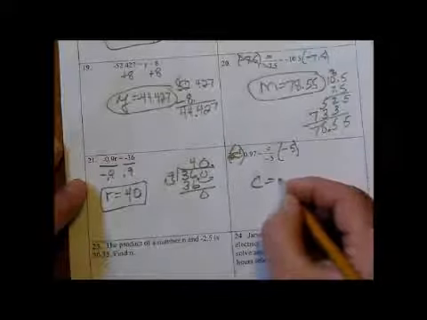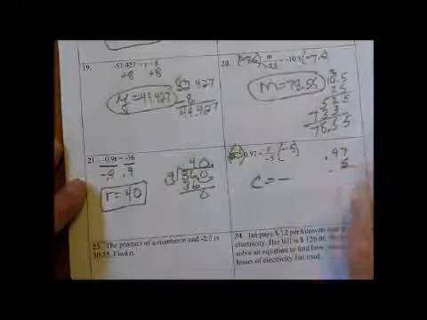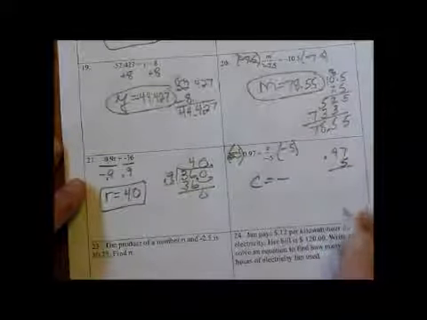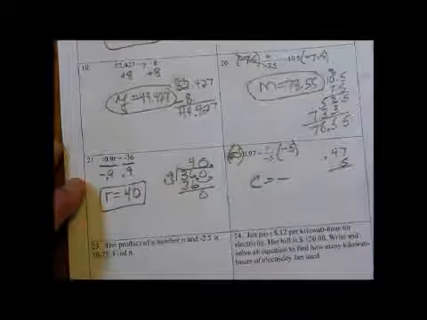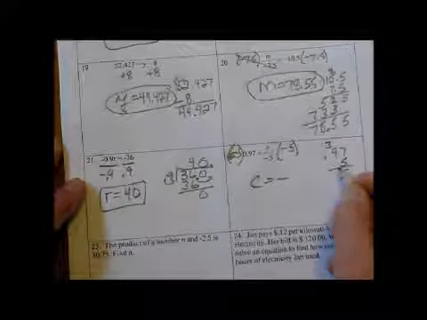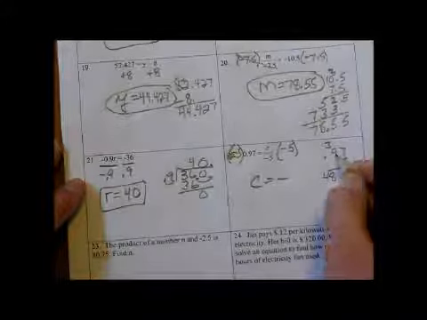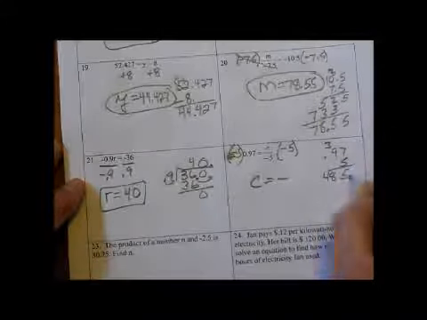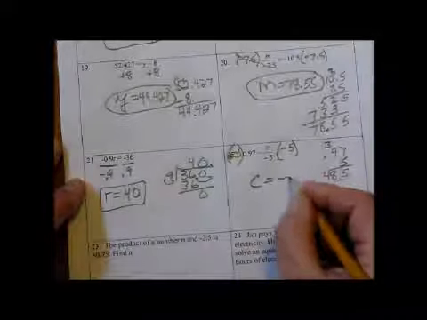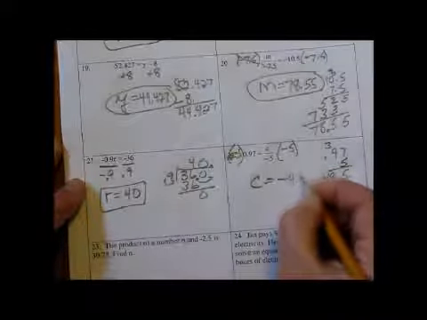So it's going to be a negative, and then I'm going to go 0.97 times 5. 5 times 7 is 35. 5 times 9 is 45, plus 3 is 48. Going to count over 1, 2 places to the right at the decimal, so I go here 1, 2, and I get c is equal to negative 4.85.